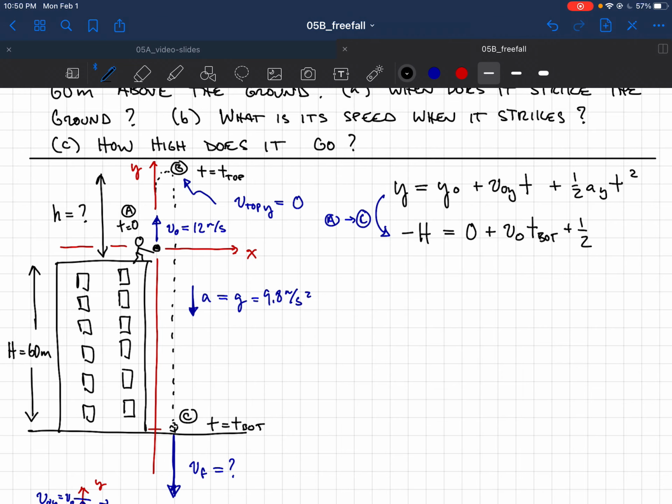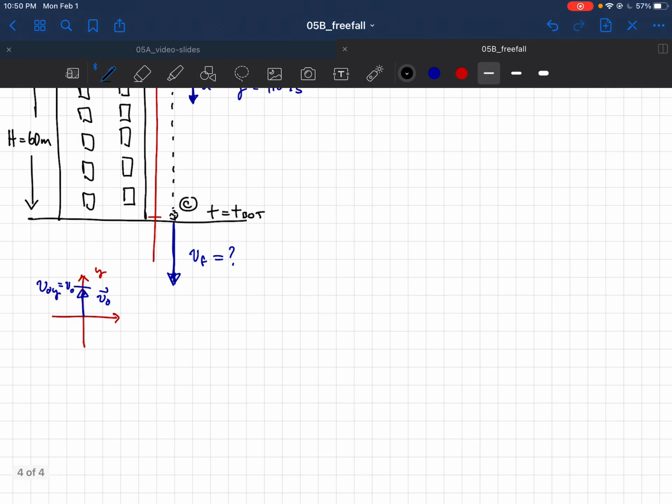Then we have plus 1/2 ay. ay is the y component of this vector. So if we make ourselves a coordinate system in acceleration, now you should probably make a separate coordinate system for accelerations and velocities because they live in different worlds. One is measured in meters per second, one is measured in meters per second squared.